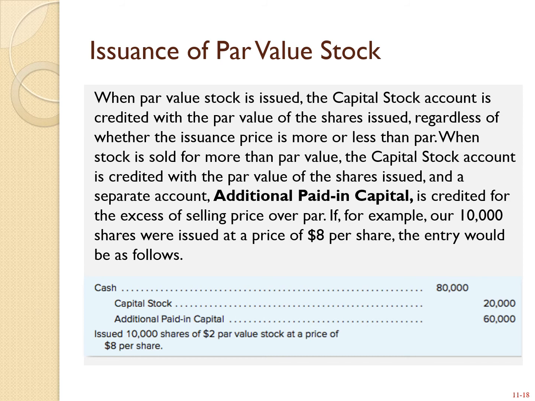So the capital stock account, which is based on the par value, is credited, regardless of whether the issuance price is more or less than par. Normally, it shouldn't be less than par, and you will not see this. So usually it's higher than par.